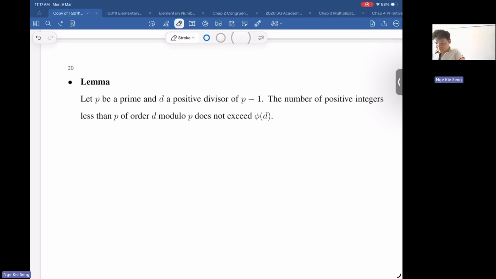Then the number of positive integers less than P of order D does not exceed phi of D. Okay, so what does this mean? Is this statement useful or not?